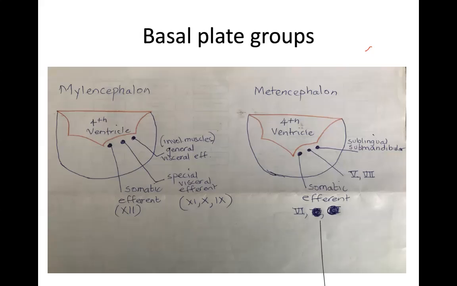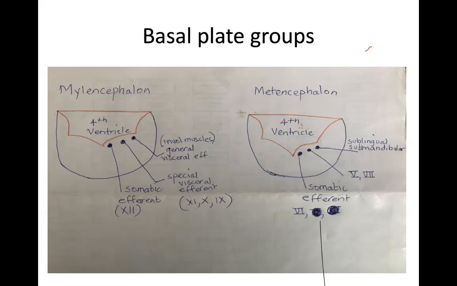Now, what I've done here, I've again tried to simplify the diagrams of the books. We know that you have three sets on each side. I've just drawn one set. And in this picture, I'm talking about the basal plate. The basal plate, we know that it divided into three different groups when we came up into the hindbrain or rhombencephalon.